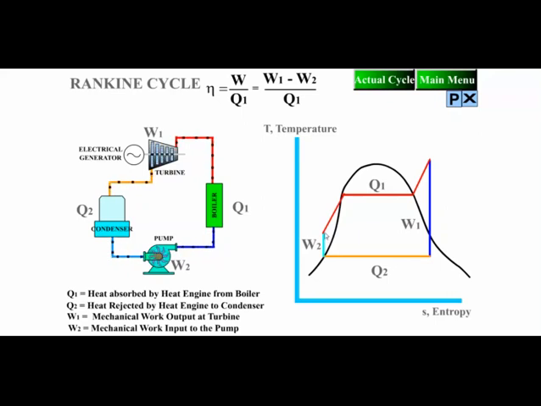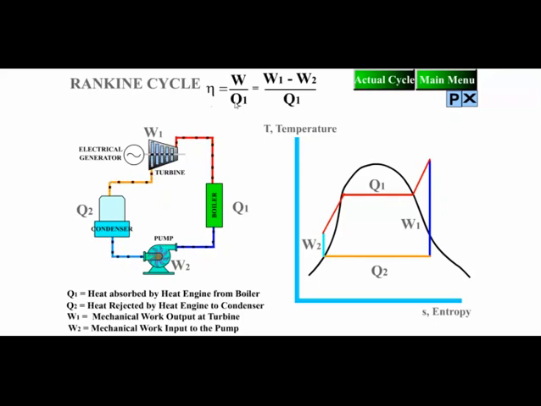In boiler, the water is first sensibly heated up to the saturation temperature, then it changes its phase by absorbing latent heat in boiler, then further it is superheated, and this process completes a cycle.